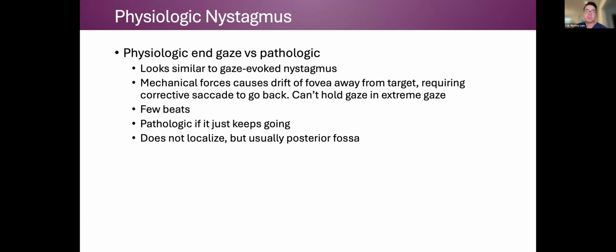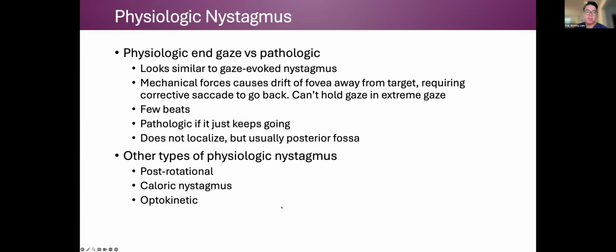The mechanical forces pull you back, and their eyes still want to continue that direction towards my finger, and so that is seen as a nystagmus, but it's physiological, and it stops when you bring them back to neutral gaze, versus a pathologic nystagmus, which would continue.